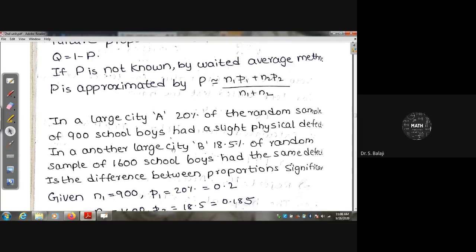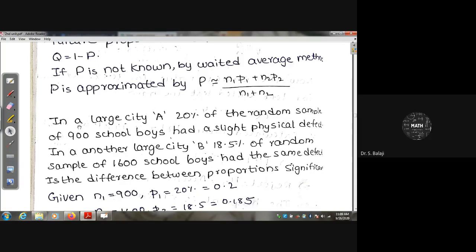In another large city B, 18.5% of a random sample of 1,600 school boys had the same defect. The question is: is the difference between the proportions significant?